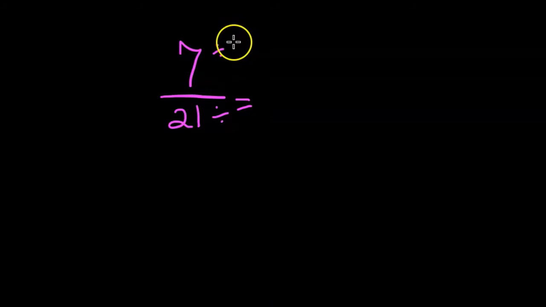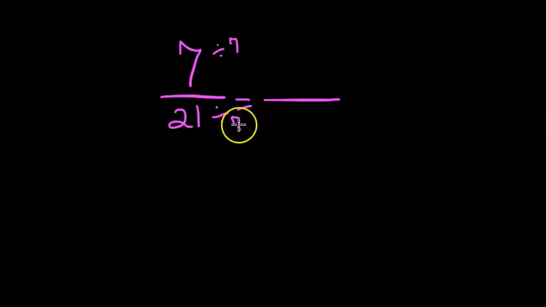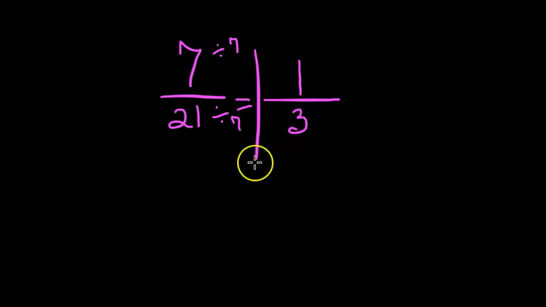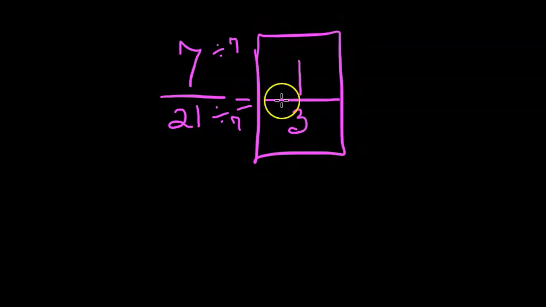I can divide both of these by 7. Okay? That's the largest number I can divide both of them by. 7 divided by 7 would give me 1, and then 21 divided by 7 would give me 3. All right, so that would reduce to 1/3. So on all of those, just find the greatest number that you can divide both the numerator and denominator by.